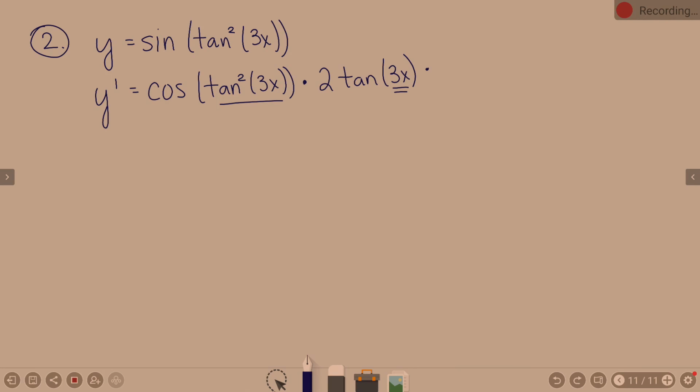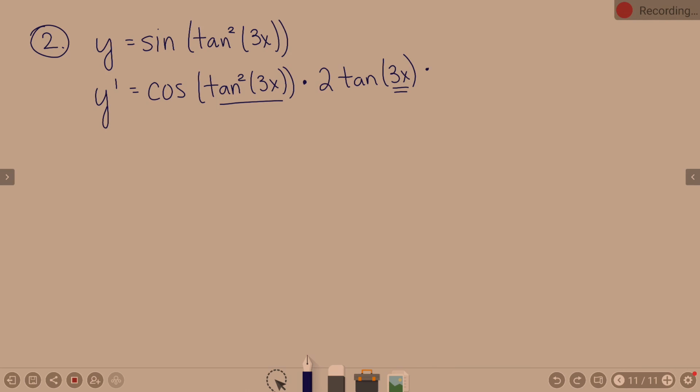Okay, derivative of sine of something is cosine of something. My something is now tangent squared, right? So now we're doing the derivative of tangent squared. So that is the derivative of something raised to the second. How do you do the derivative of something raised to the second? 2 times the something, and then now it's power 1.